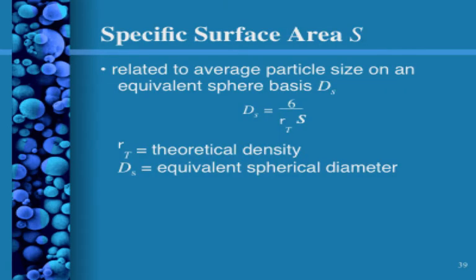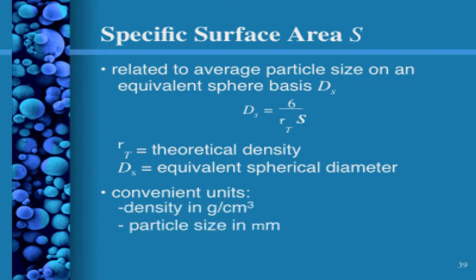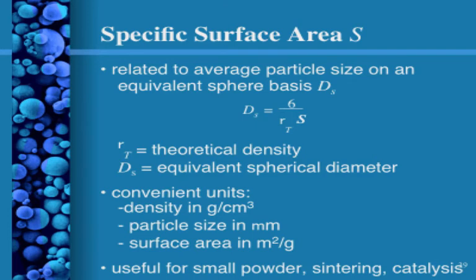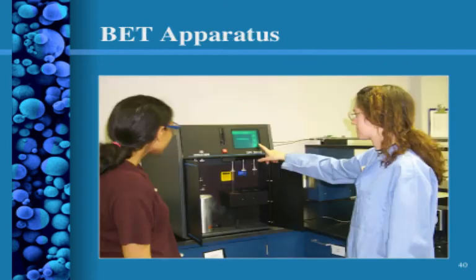Surface area, relating it to the diameter of the particle: the density and then the surface area become important, in grams per cc. Accordingly, using surface area to define particle shape and particle packing becomes important. It's important to study sintering behavior and catalysis.